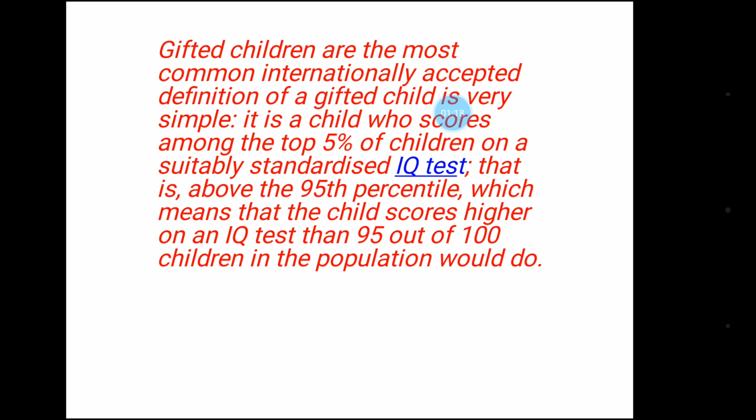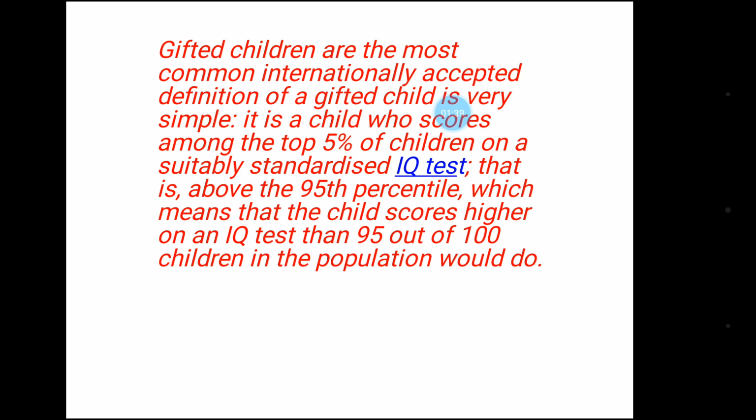And of course these abilities may be demonstrated in different areas like artistic ability, leadership, academic activities. So we can say that a gifted child is a child who excels in every field.